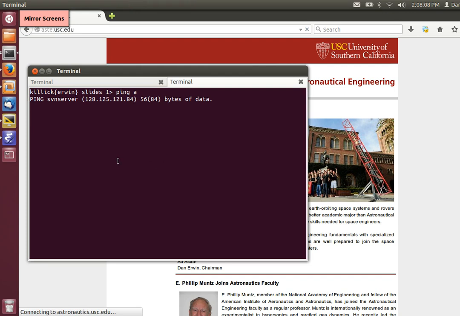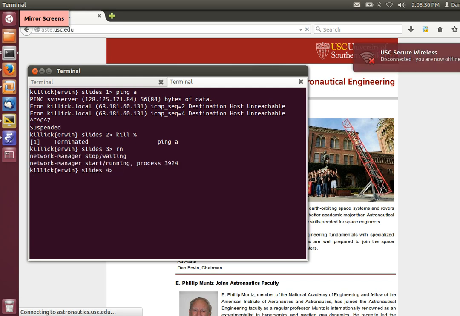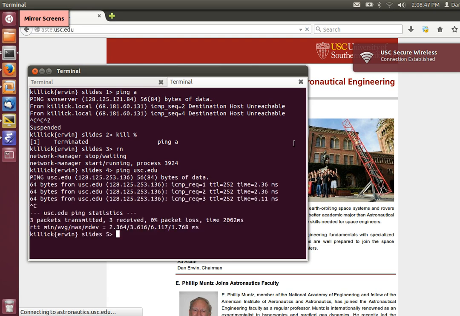Let's see if it has a wired connection. Okay, we'll see if that sorts out the wired connection in a second. My hope is to actually log into the website and show you what's going on. Okay, that's a net connection.